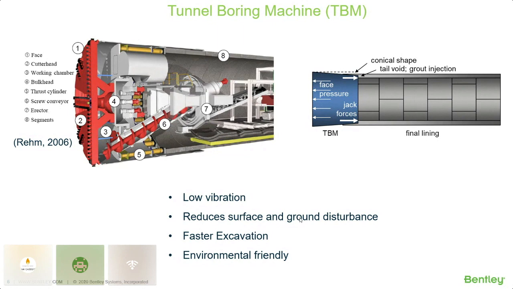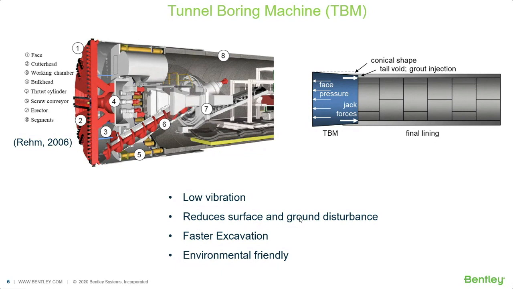Then the prefabricated reinforced concrete segments are used to form the tunnel lining, and these segments are bolted together to form the tunnel cross section. Then the hydraulic thrust cylinders, or hydraulic jacks, push themselves against the newly installed lining, and the tunnel boring machine moves forward and drills further.